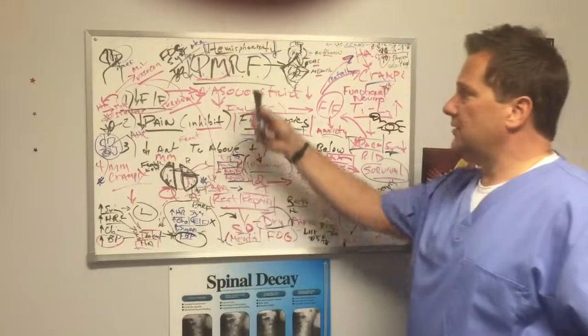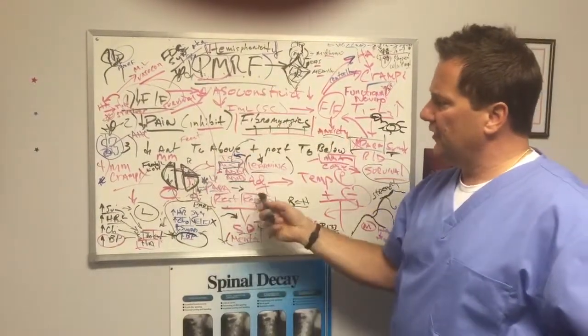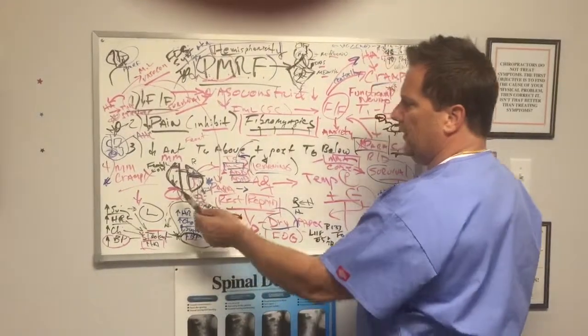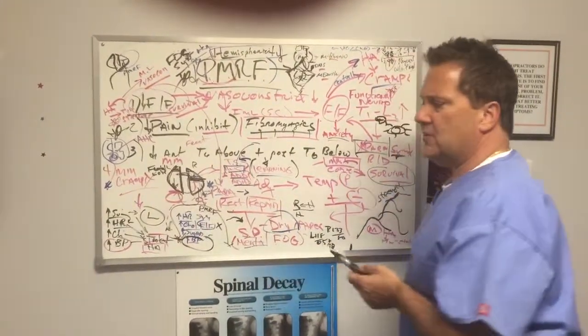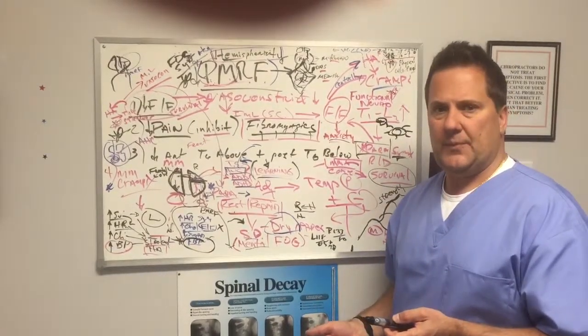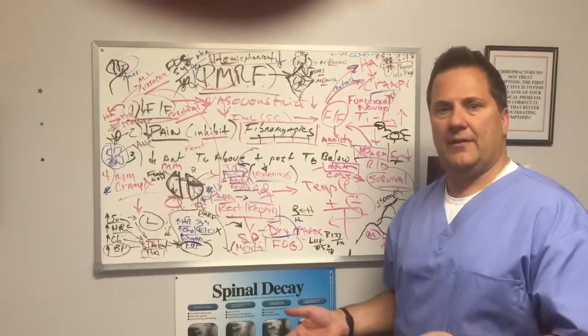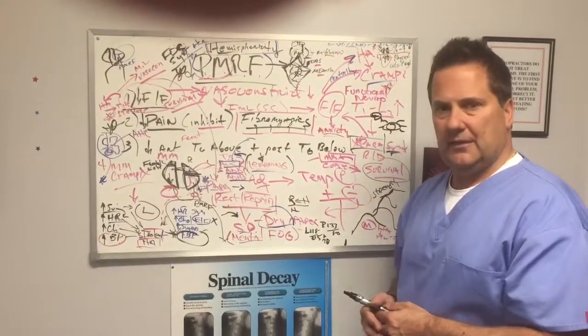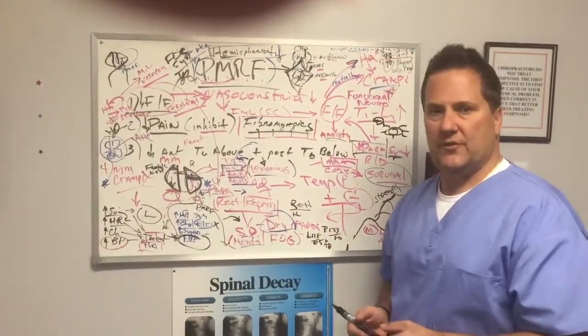Okay? If you're in a fight or flight mechanism, the brain never goes into what is called the rest or repair aspect. That's your parasympathetic involvement. So we talked about the sympathetic fight or flight mechanism. Parasympathetic is rest and repair.